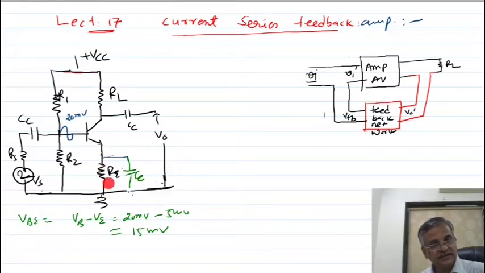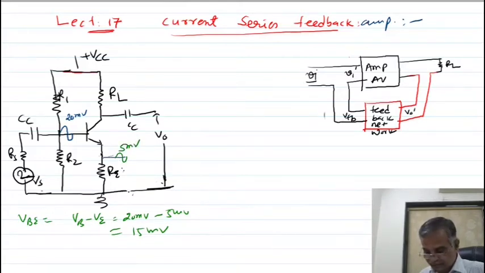Only DC is there. Now, when I remove this, here AC plus DC both are developed. We will not worry about the DC because DC is for thermal stability. So this AC I am showing you. Suppose this AC is 5 millivolt.